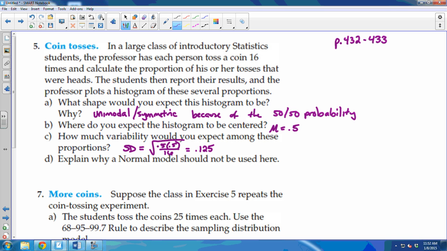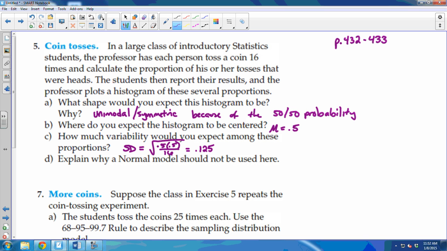Now in part D, it says explain why a normal model should not be used here. We talked about assumptions and conditions yesterday, and there are 3 conditions that have to be met. It has to be random, no problem here, it's flipping a coin. It has to be less than 10% of the population.